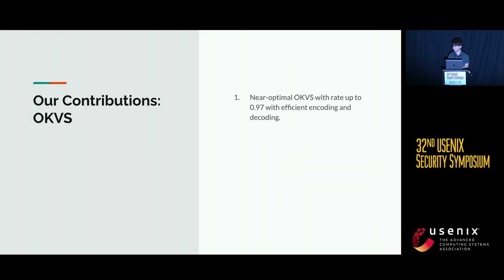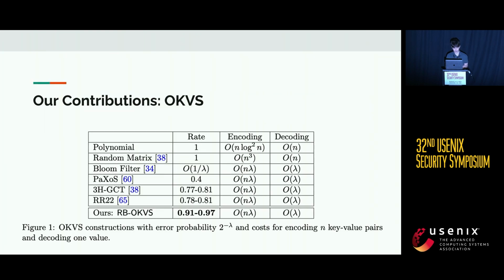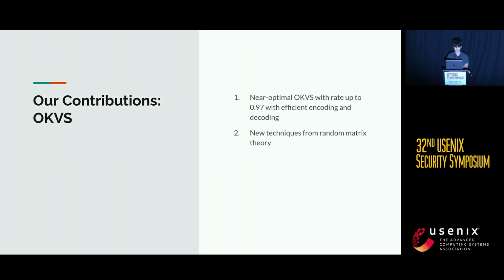Our contribution is a more efficient OKVS that can get a rate up to 0.97 and still has efficient encoding and decoding algorithms. As you can see, our scheme has a rate that can go up to 0.97, and has similar encoding and decoding time asymptotically. To do this, we'll use new techniques from random matrix theory.